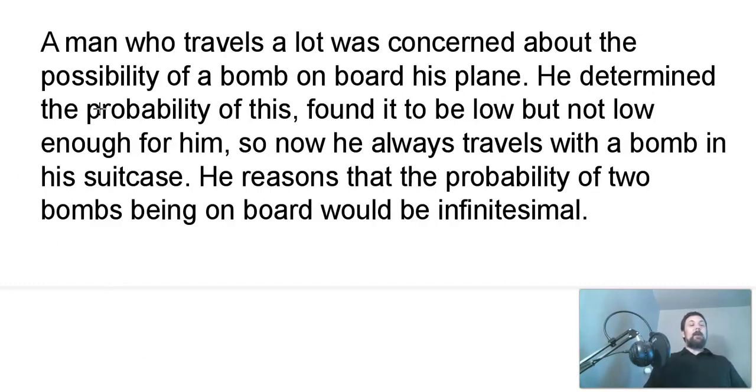All right. Now, what is wrong, and this is what the whole book is about, right? There's flawed reasoning here. So this is flawed mathematical reasoning. What is wrong with this person's reasoning? Well, if you consider the probability, let's give this man a name.